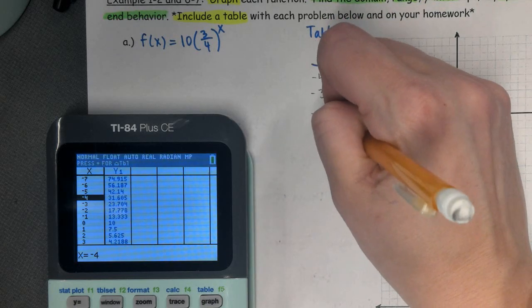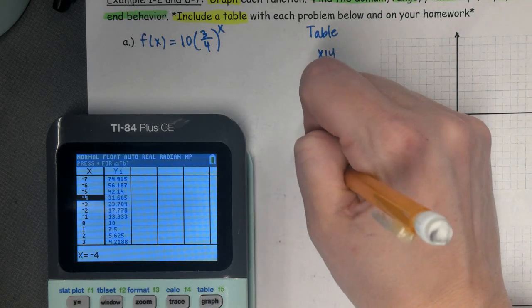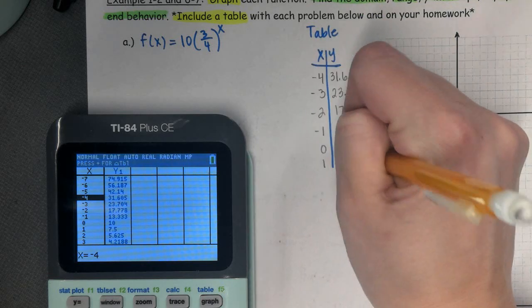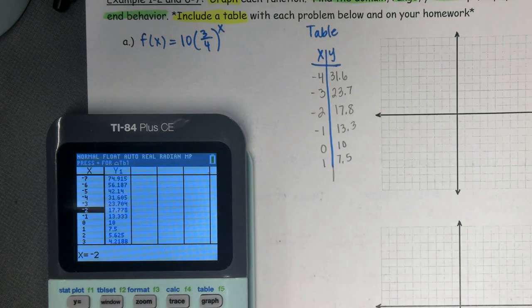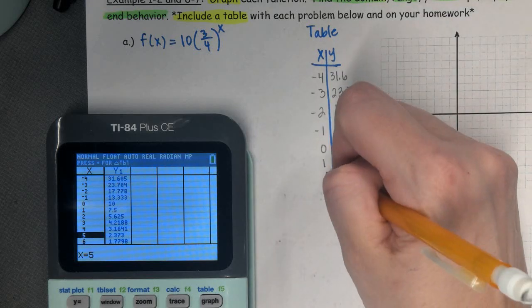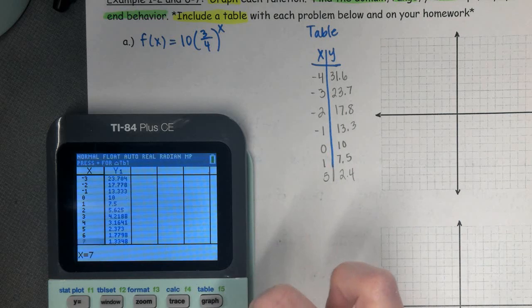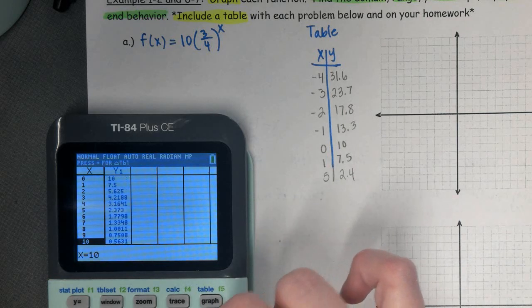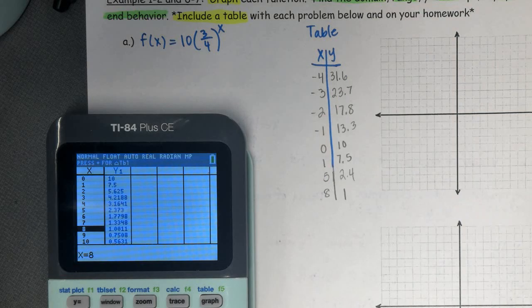If you have more, that's fine. Okay, and then as we start to get down here into smaller numbers, maybe I would just write that at 5 I have 2.4. At 8 I'm at 1, so that's just going to help me.